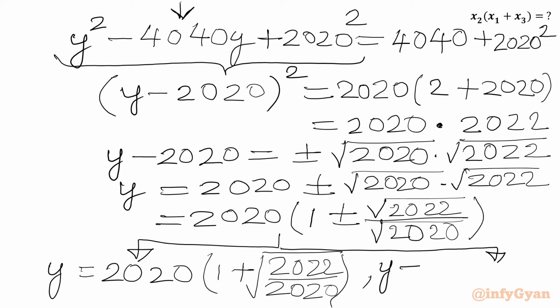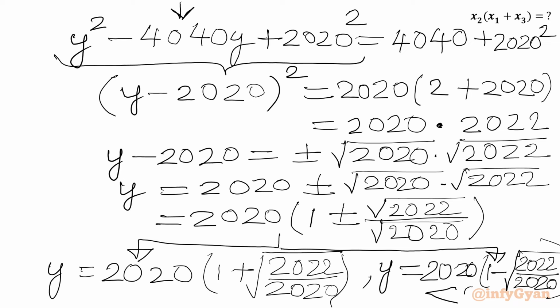So y equal to 2020 in the bracket 1 minus square root of 2022 over 2020. Conclusion is the second one is a negative value. Square root of 2022 over 2020 will be greater than 1. So here we are going to get a negative value.